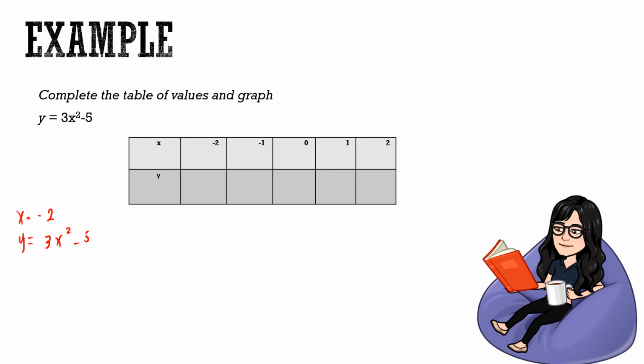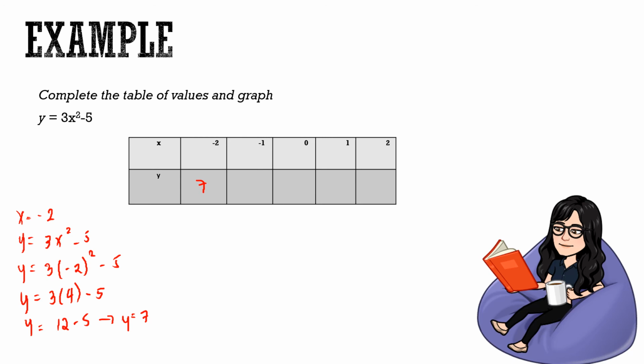So we have y equals 3 times negative 2 squared minus 5. Multiplying negative 2 by itself will give us a product of 4, minus 5. Then PEMDAS rule, multiply first before you subtract. So we have y equals 12 minus 5. Subtracting that, y becomes positive 7.